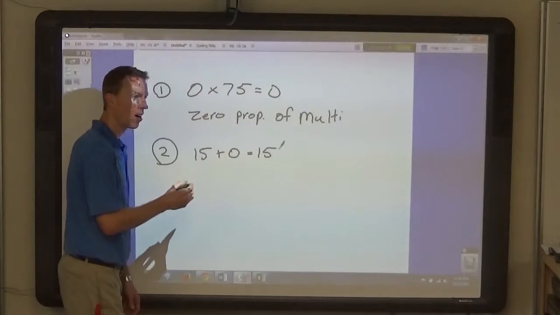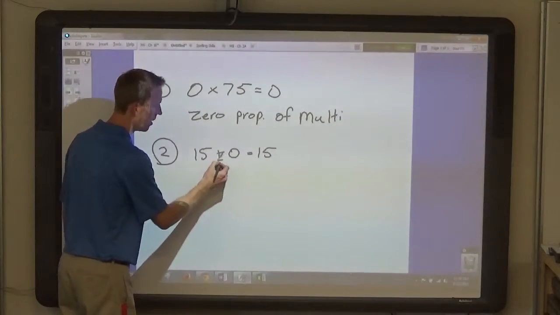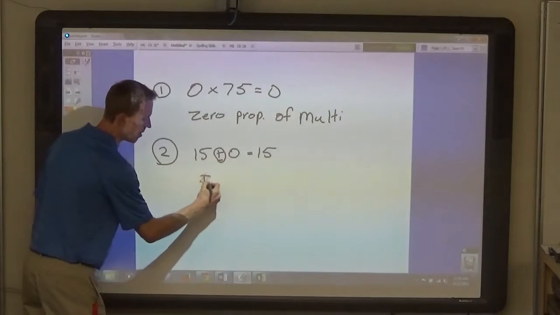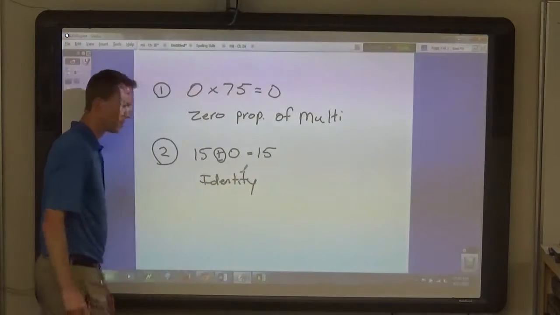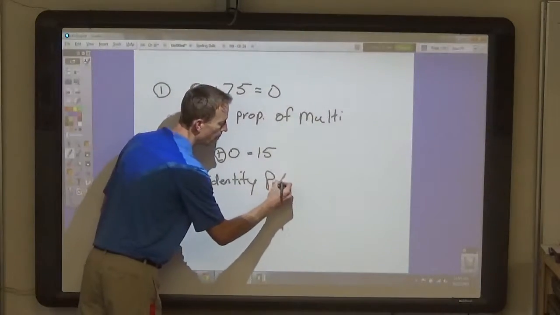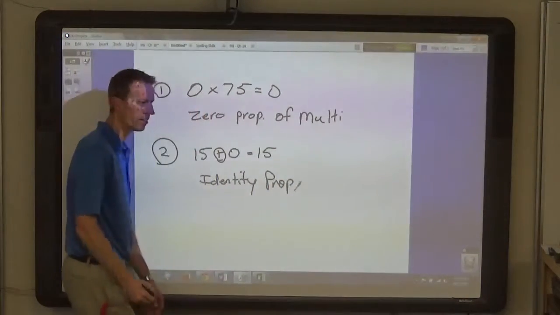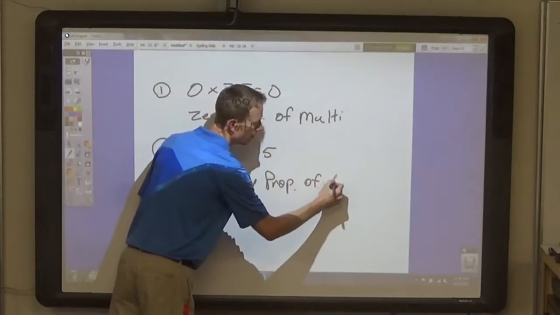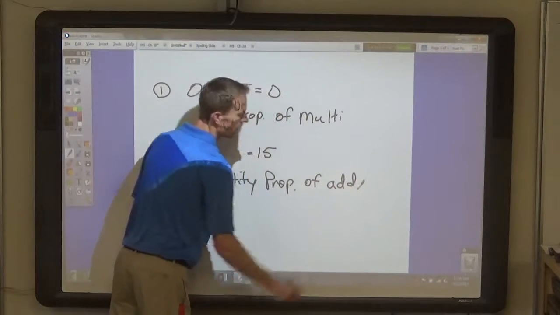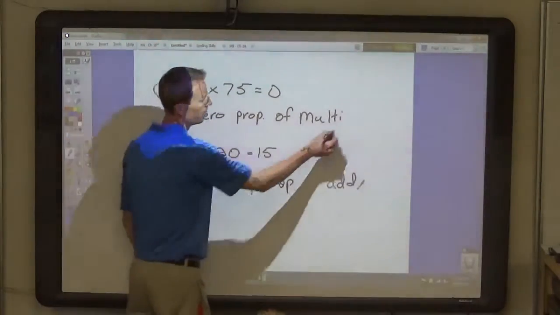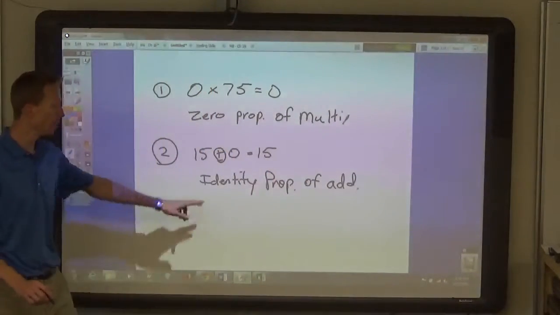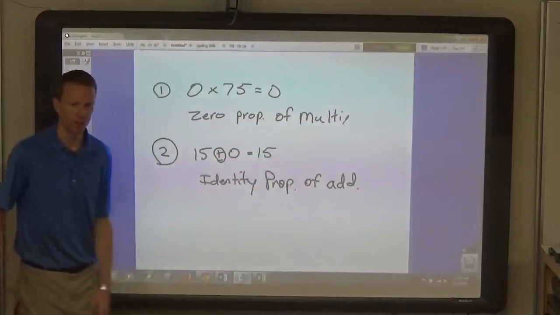Identity property of addition. Right, since we're adding, this is the identity. We have to write identity. Property of addition. You can write ADD. Put a period when you write those, okay?